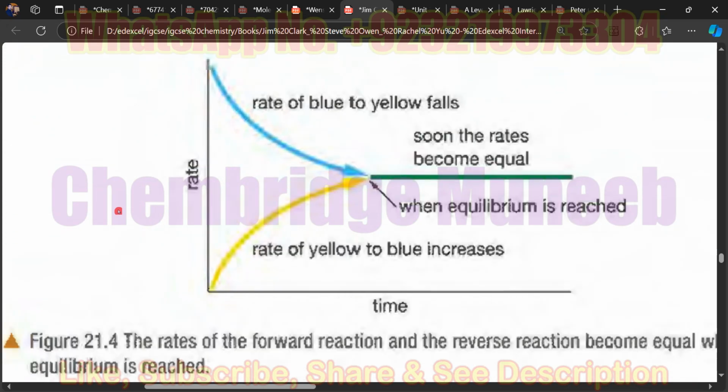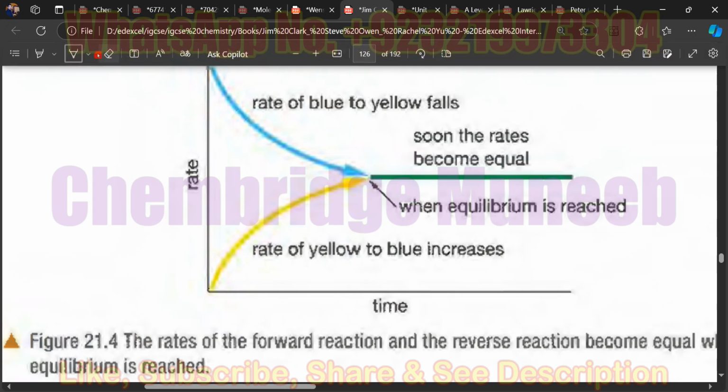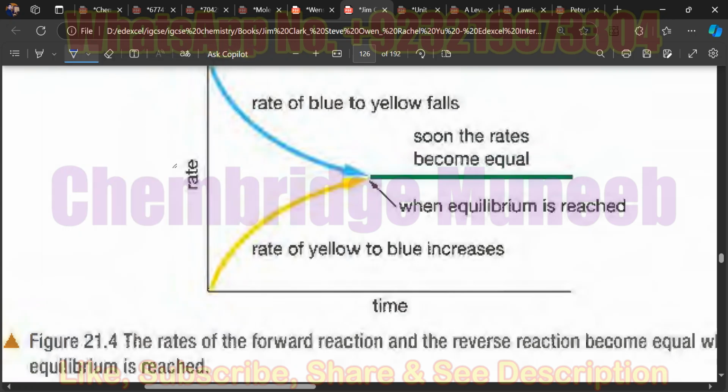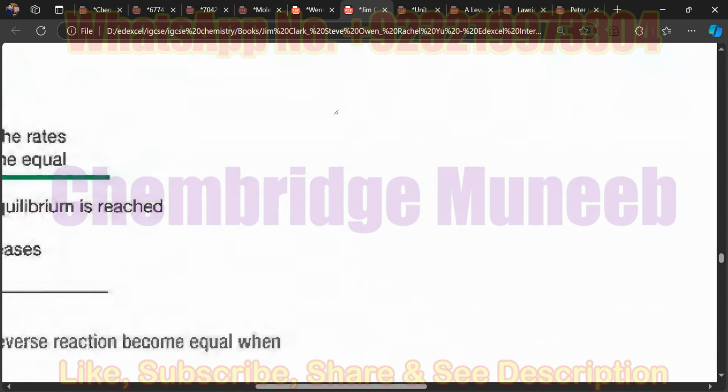I can show you the graph which is related to this type of reaction. This is a graph which indicates the reaction in both forward and backward directions. Whenever we have a graph for the reactants, we will plot it in this way.